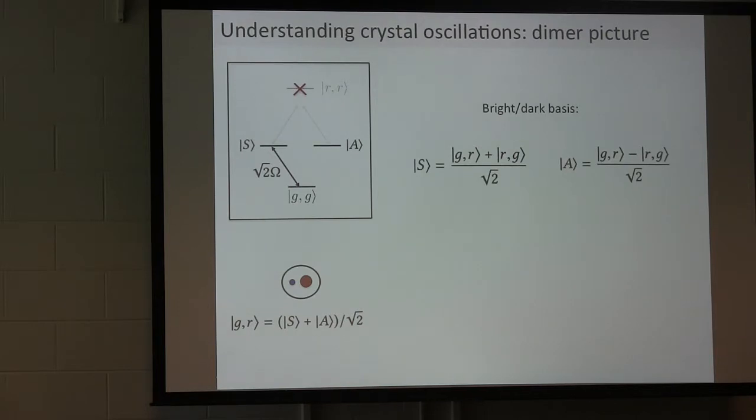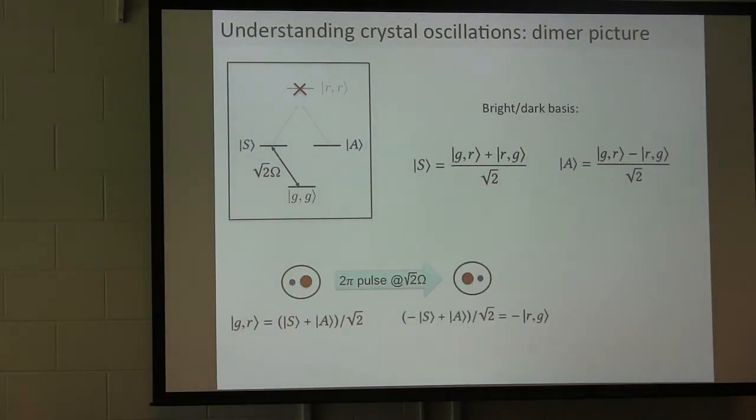Again, as a quick reminder, the whole dynamics occurs between the ground state and the symmetric superposition with a root 2 enhanced Rabi frequency, and the anti-symmetric superposition is not coupled, doesn't see the field. So having a Rydberg excitation to the right of this dimer means I'm now in the superposition of S and A. What happens if I do a 2 pi pulse at this root 2 omega frequency?